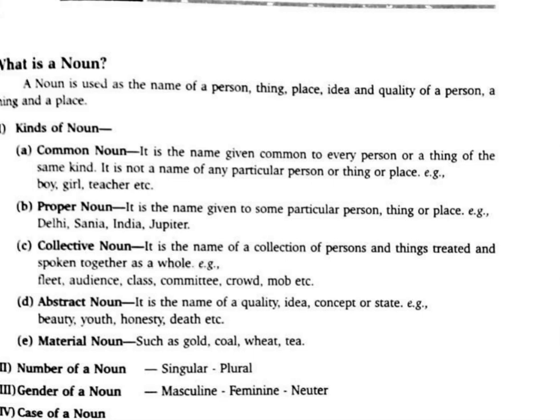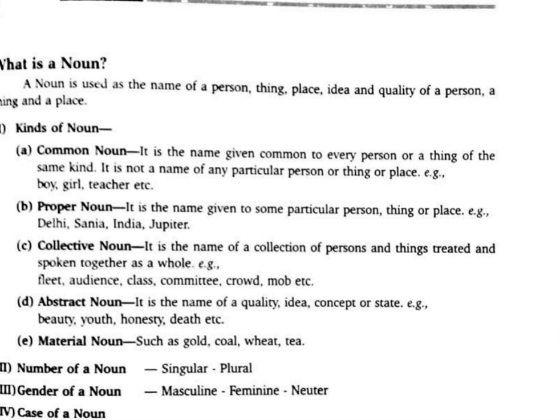So let's see a little bit as far as noun is concerned, very important one because subject is always noun. So what is noun? All of you know that it's a naming word. And there are 4 or 5 kinds of nouns. Common noun, proper noun, collective noun, abstract noun, material noun, or you can categorize into 4.